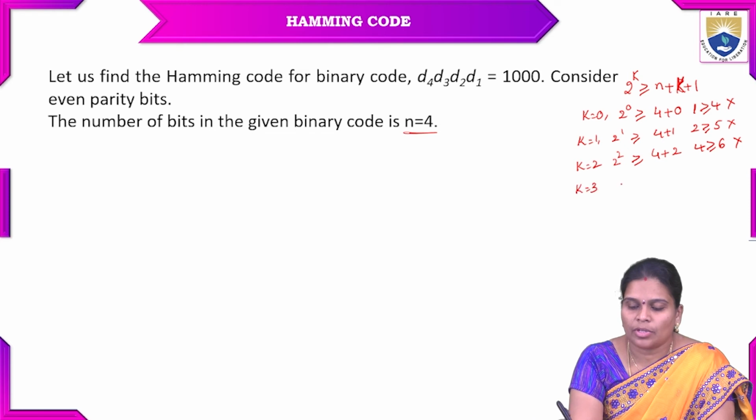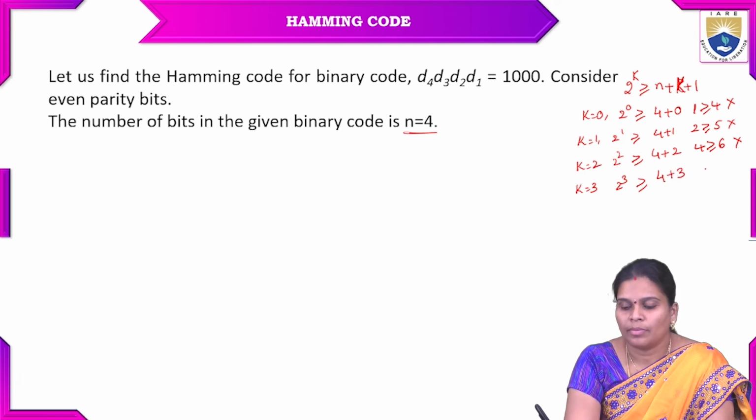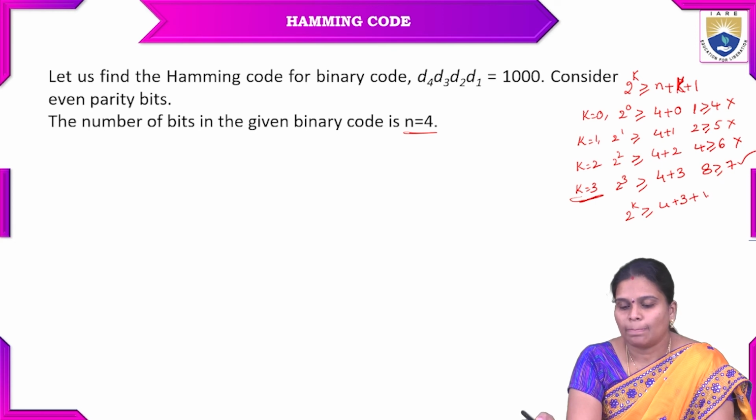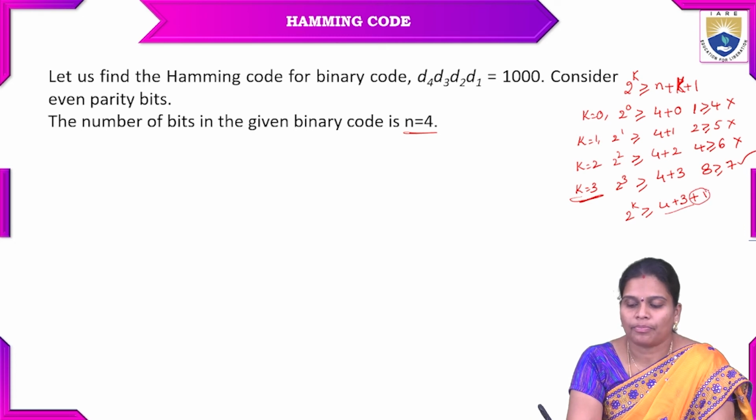Next, k equal to 2: 2 power 2, 4, greater than or equal to 4 plus 2 plus 1, 7. Not satisfied. Next, k equal to 3: 2 power 3, 8, greater than or equal to 4 plus 3 plus 1, 8. Satisfies this condition. So the parity bits k equal to 3, and the total bits is 4 plus 3, 7 bits.